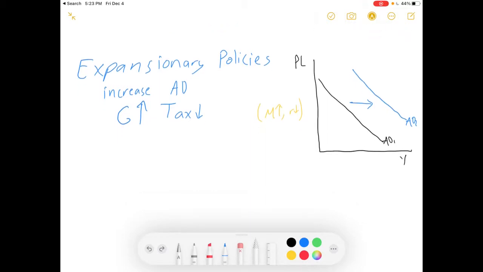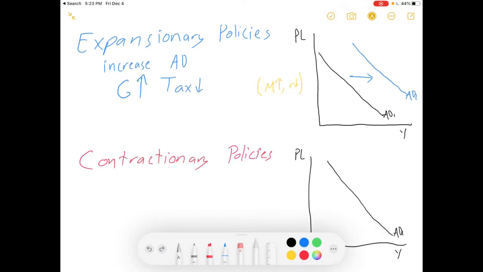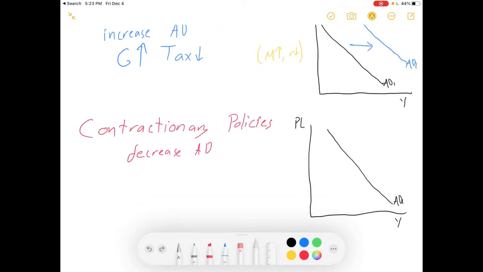Expansionary policy for monetary policy increases aggregate demand. Expansionary policy for fiscal policy increases aggregate demand. And then contractionary policies are just the reverse. They decrease aggregate demand: cut government spending, raise taxes. The monetary policy equivalent is to decrease the money supply. There you go.